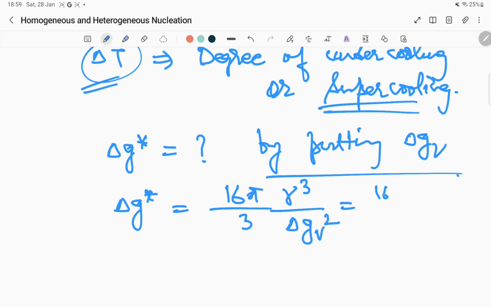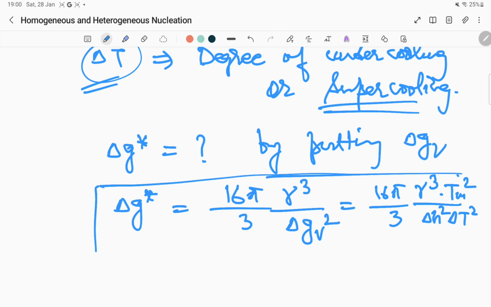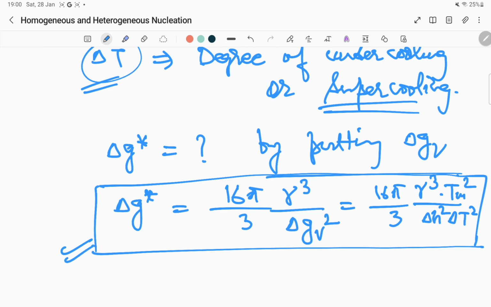That will come out 16 pi by 3 interface energy cube upon delta H square delta T square, multiplied also by Tm square. So this will be the final equation for delta G star.